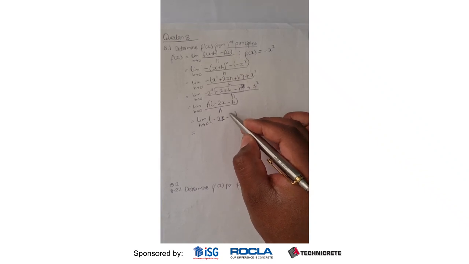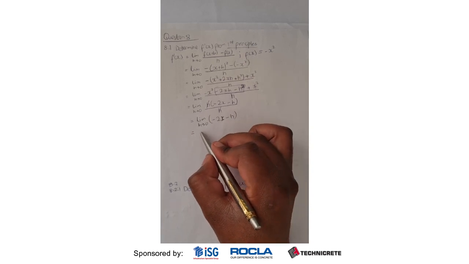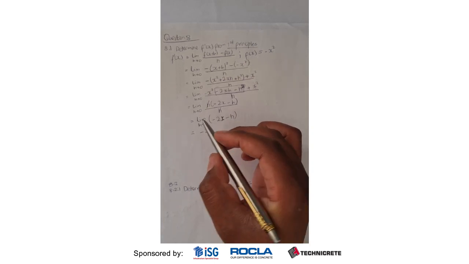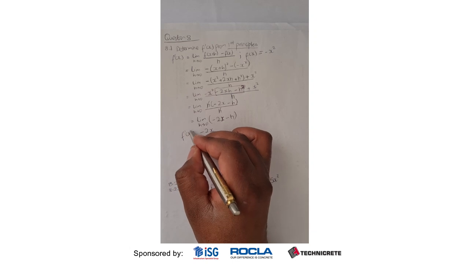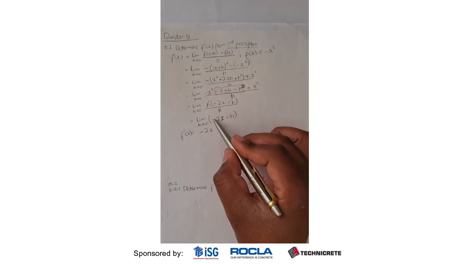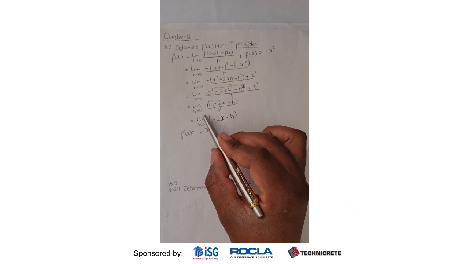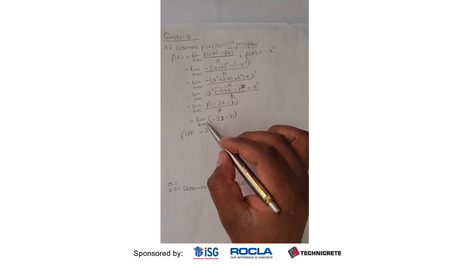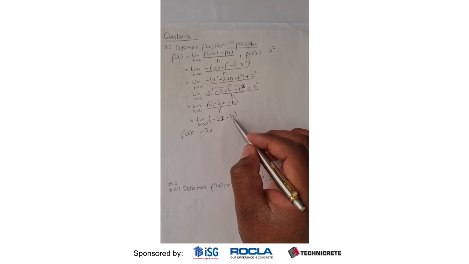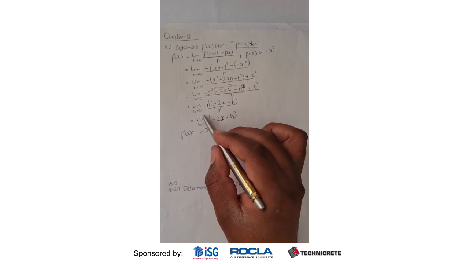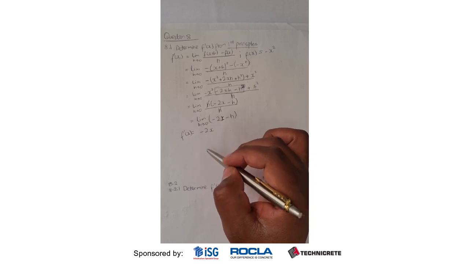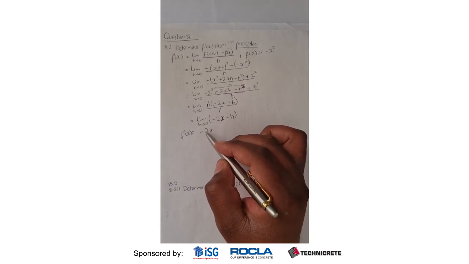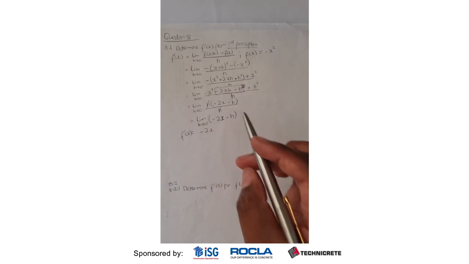The more h tends to 0, we are left with negative 2x. The important part is that after we've applied the limit, h gets very close to 0, so it becomes nothing, and we remove it from our equation. Then we're left with negative 2x. All right.